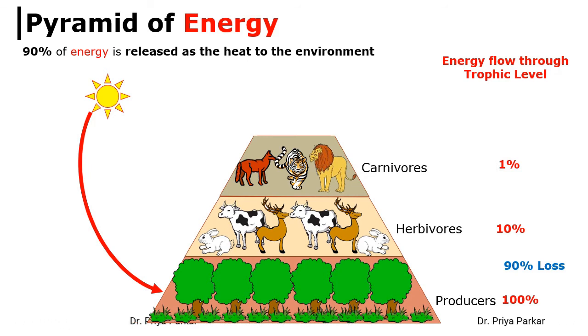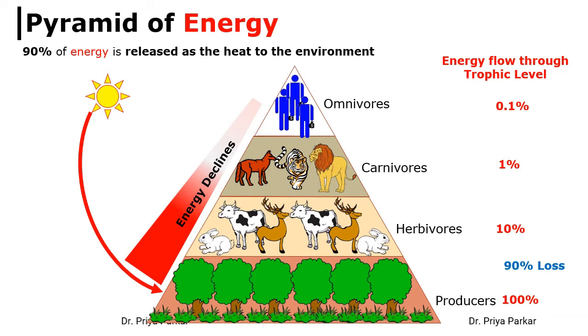Carnivores thus get only 1% energy by consuming the herbivores. Again, 90% energy is lost through the process of respiration in the form of heat. And the omnivores get very less energy, that is only 0.1%.